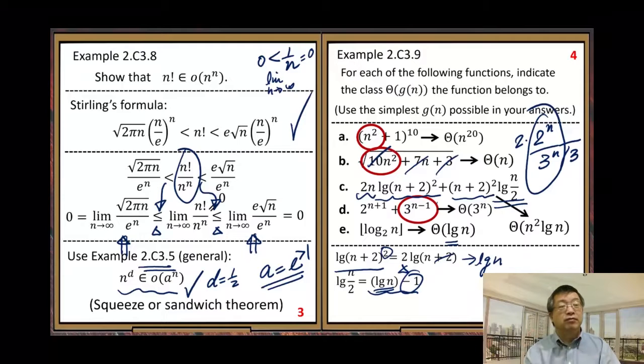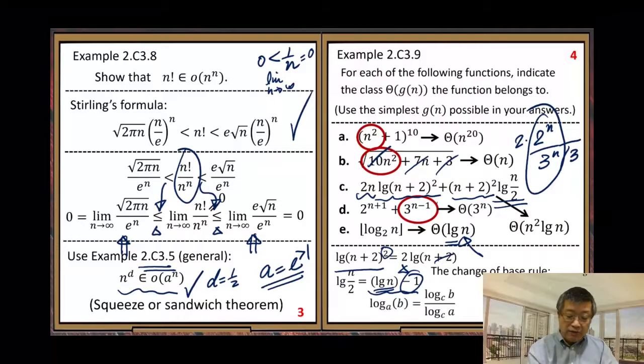So we finished all these five small questions. But at the end, let me explain one last thing I mentioned a little bit: the change of base rule in log. Why is the base not important? Which base we use in the big theta or asymptotic notation for log is not important because we have the change of base formula.